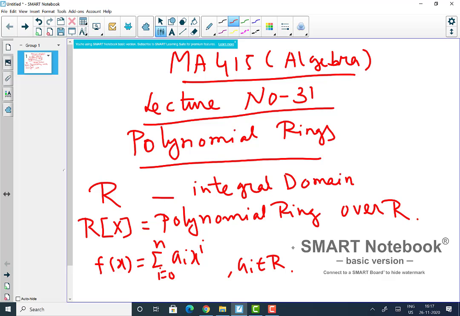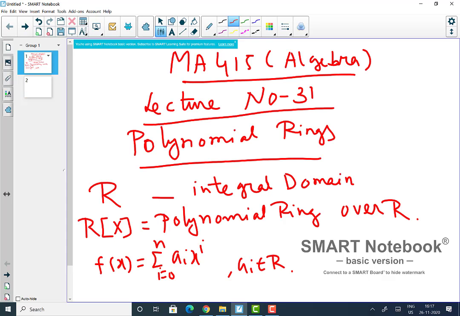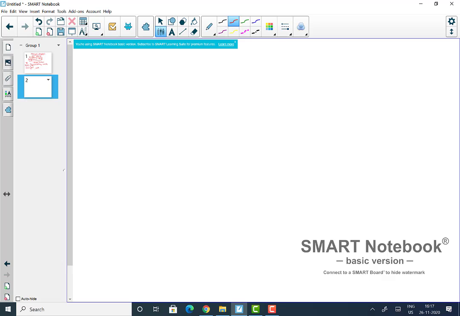Now let me define a few more things. I'm assuming R is an integral domain throughout these lectures. Then the simple observation, I can write down the properties of this R[x].